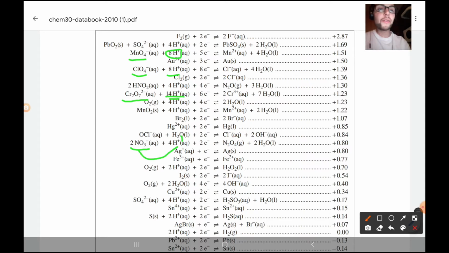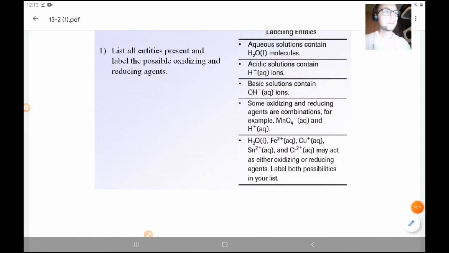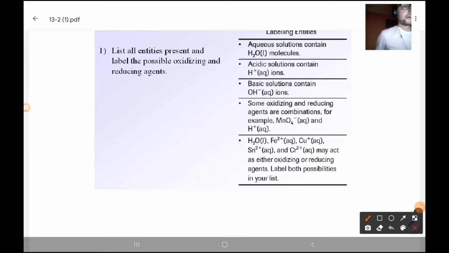So if H+ is not there, we actually can't use this as an oxidizing agent. And finally, some of these, like water, iron 2+, Sn2+, and chromium 2+, can be both OAs and RAs. So make sure to always look on both sides of the table when we're deciding this.